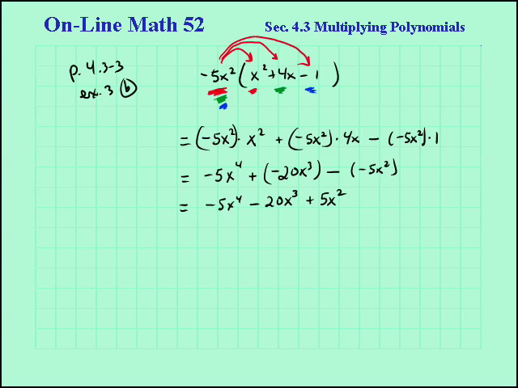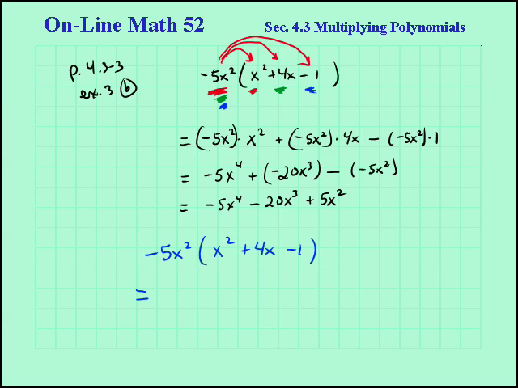I'm going to multiply negative 5x squared through to the trinomial x squared plus 4x minus 1. And my speaking and thinking are going to be a little bit different. Instead of writing out that negative 5x squared multiplied by each and every one of them, instead I'm going to think of negative 5x squared times positive 1x squared, and just think of it as monomial times monomial.